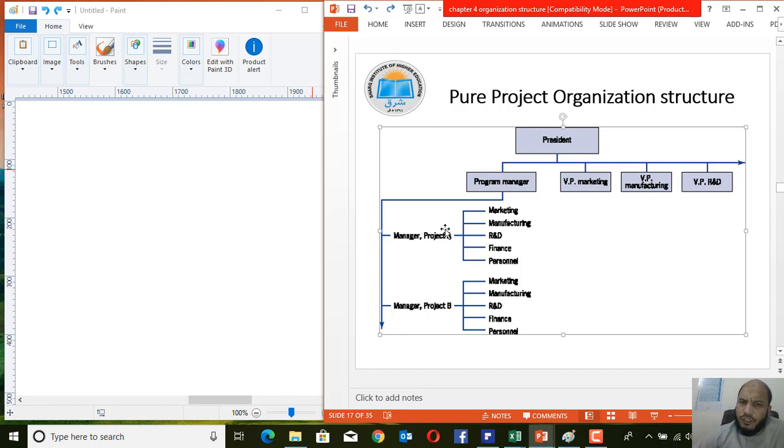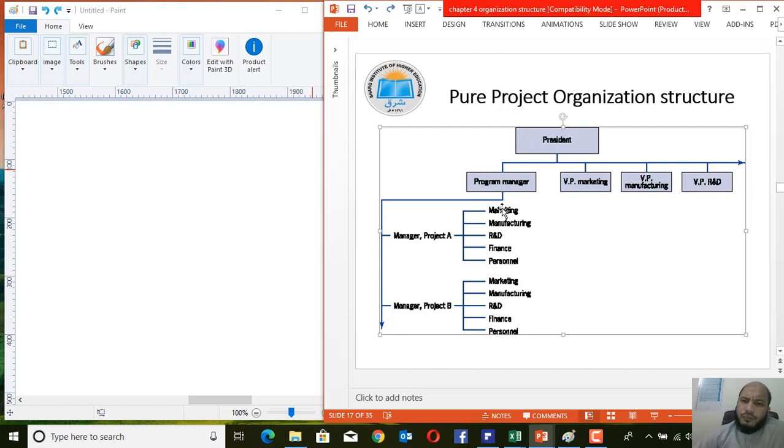These are different people, but this organization has different projects like project A, project B, project C and project D. Project A has a manager, and this manager has people from the marketing department, manufacturing department, research and development department, finance and personnel.